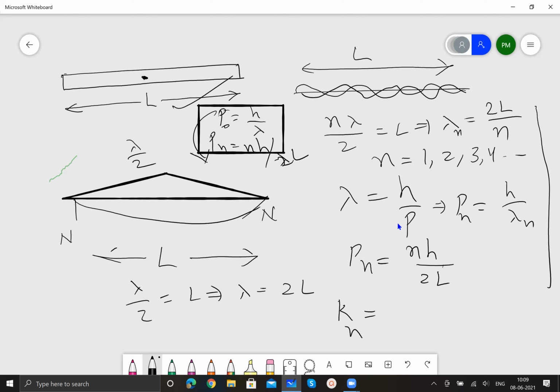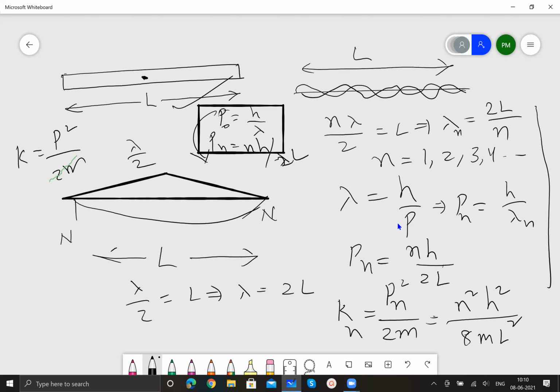So kinetic energy and momentum are related by the formula K is equal to p square by 2m. So it is p_n square by 2m, which means n square h square by 8mL square.